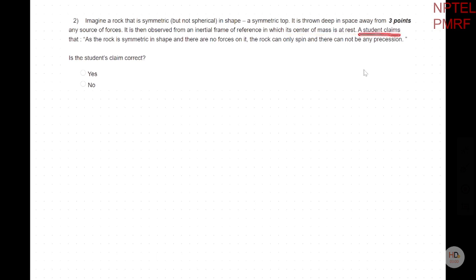A student claims that as the rock is symmetric in shape, there are no forces on it, so the rock can only spin and there cannot be any precession. Is the student's claim correct or not? So can someone answer that based on the discussion? Just simple yes or no.